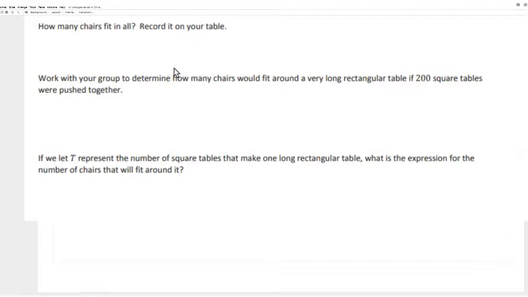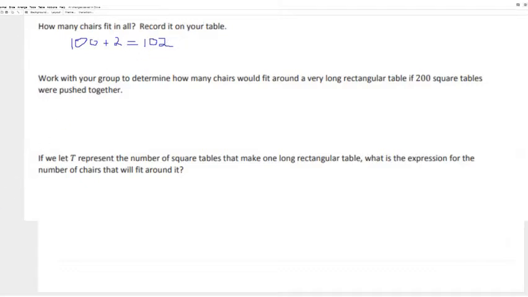Record it on your table. Well, we already recorded it on our table. So we simply add those 2 together. We'd have the 100 that fit along the sides plus the 2 that are one on each end. That would give us 102 chairs. Like I said, we already recorded that on the table, so we should be good there.